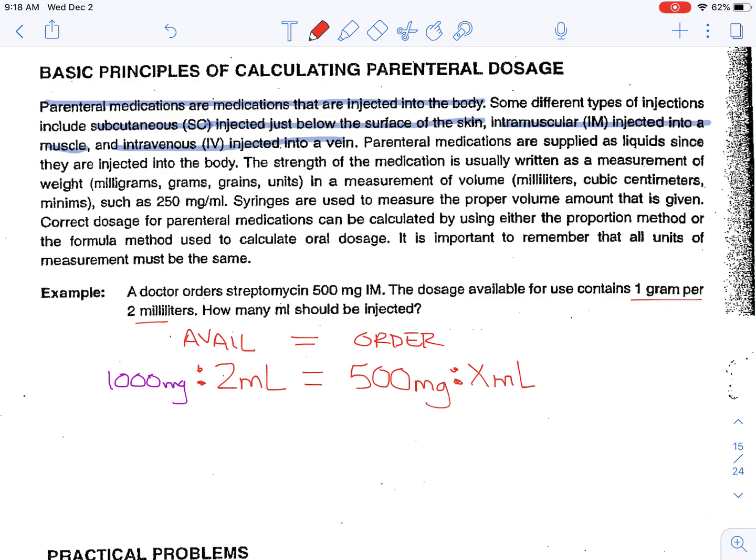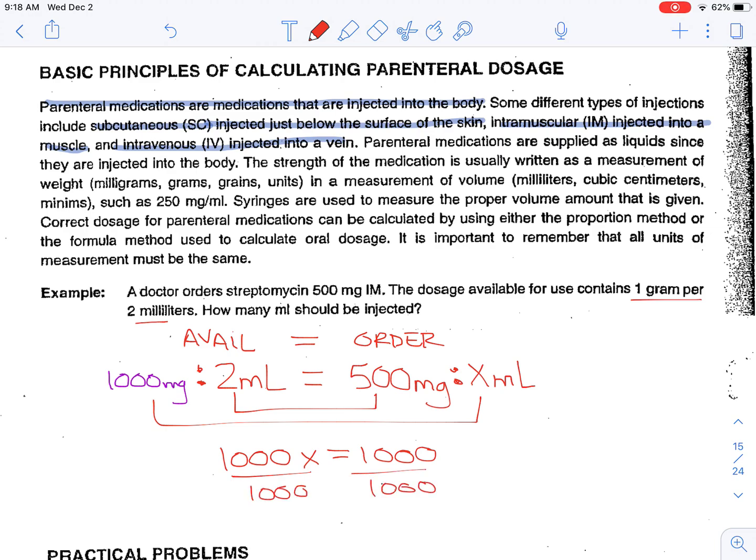So now once we match, we can multiply the insides and the outsides just like our regular problems. And we divide both sides by 1,000. And we get x to be 1. And I would like you to always make sure that you put the units: it would be 1 milliliter.